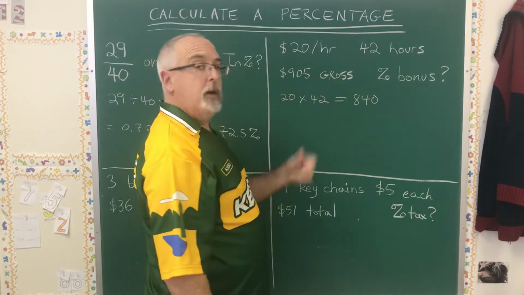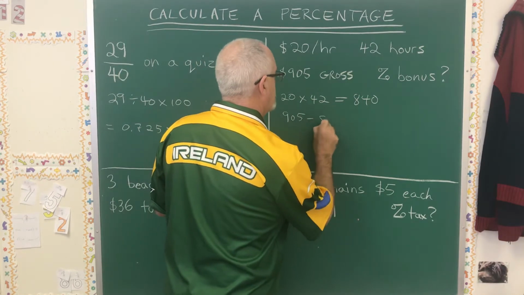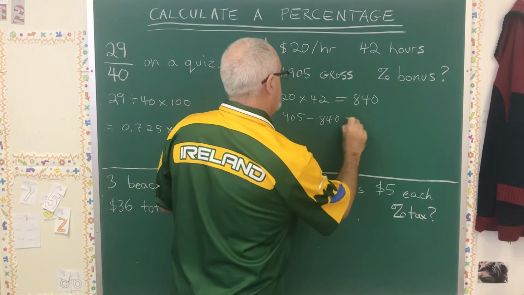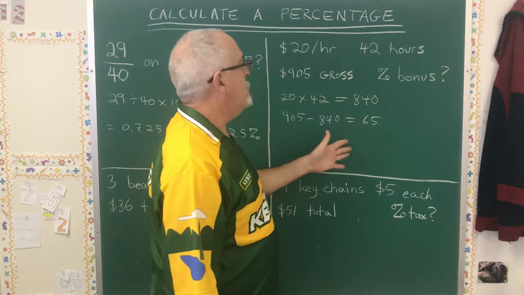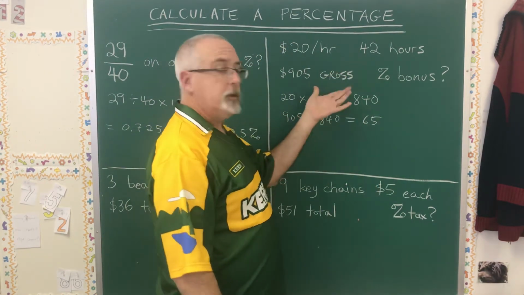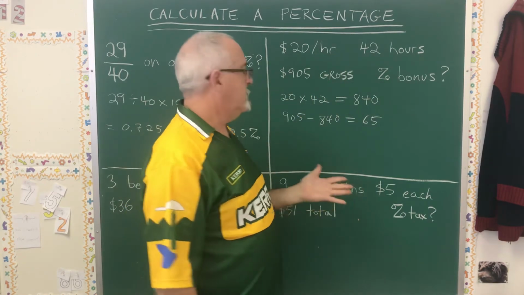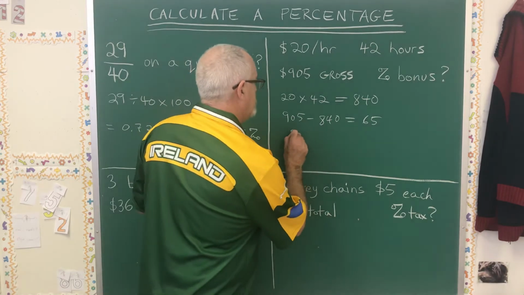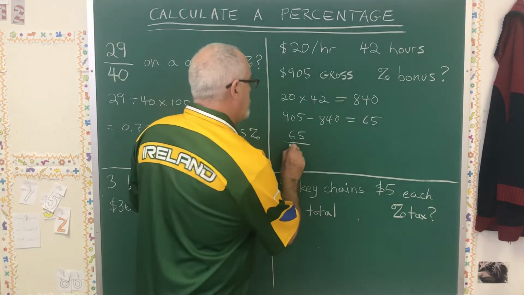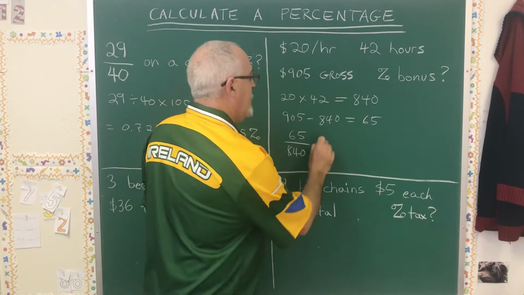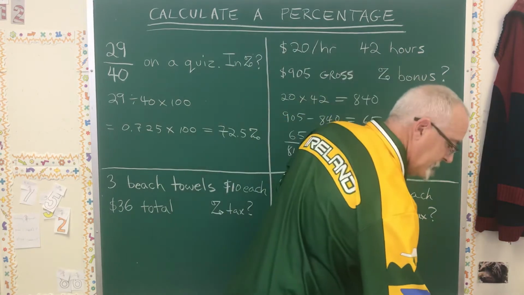But the gross was 905, so we have to do a subtraction. 905 minus 840 is 65. So there's an extra $65 on the gross amount in the paycheck that's not accounted for by the hourly wage. That's the bonus. Now we're just doing 65 divided by 840 and times 100 to get a percentage.